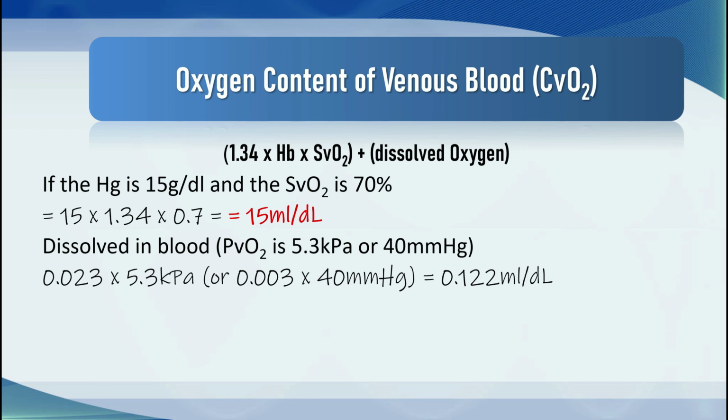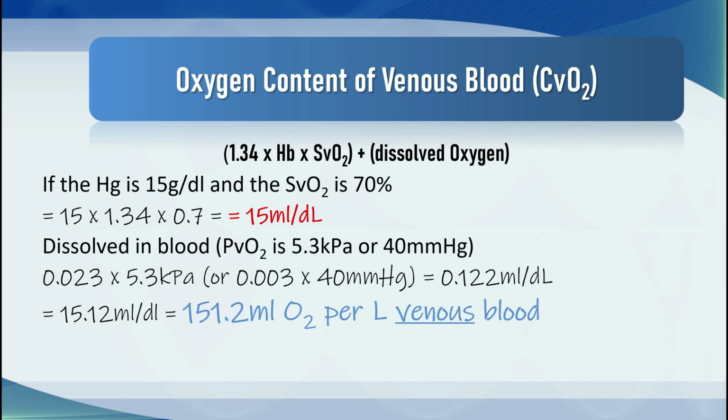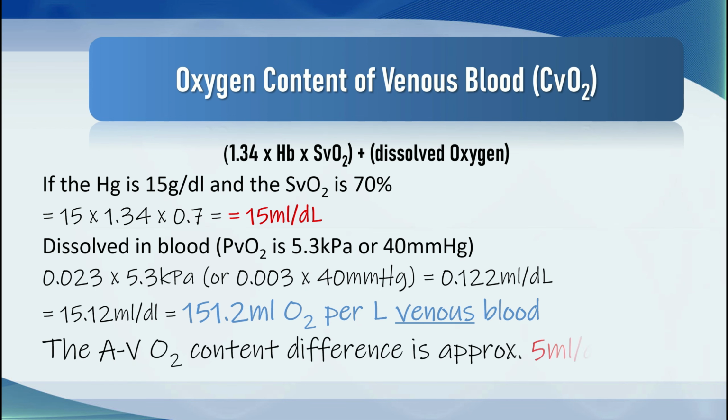Adding the two together, we get 15.1 mils per deciliter, or 151.2 mils of oxygen per liter in venous blood. The arterial to venous oxygen content difference is about 5 mils per deciliter, or 50 mils per liter.